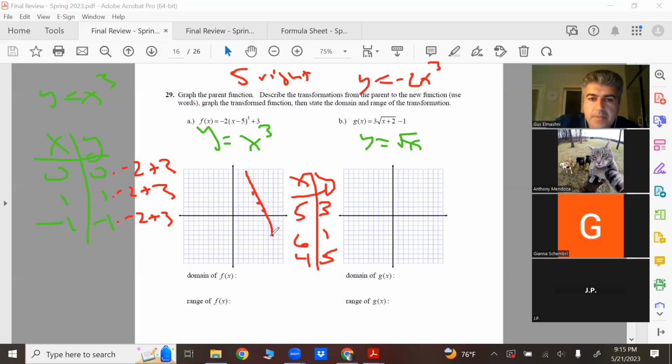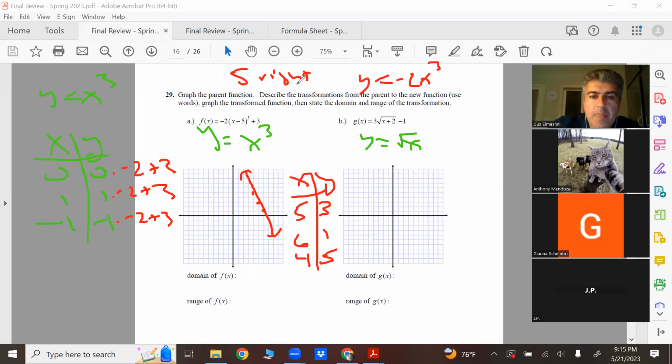So you do a table and then you change the x's and y's for the parent function, based upon the transformations. If you're going up or down, you're changing y. If you're reflecting about the x-axis or stretching, you're also changing y. But if you're moving left or right, then you're changing x.